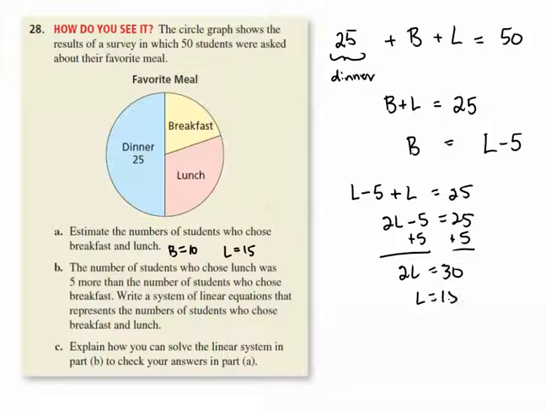So L has to be 15, and then if breakfast plus lunch is 25, then B plus 15 is 25, and breakfast is 10. And all we need to do is check, is lunch 5 more than breakfast? It is, and so we have our solution there. All right, so we're going to complete this video.